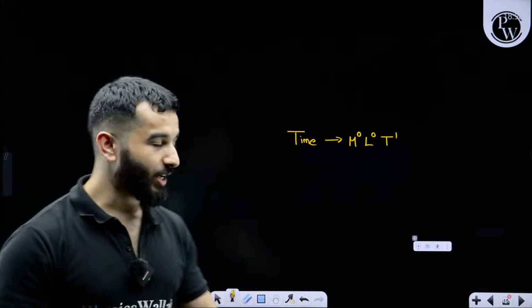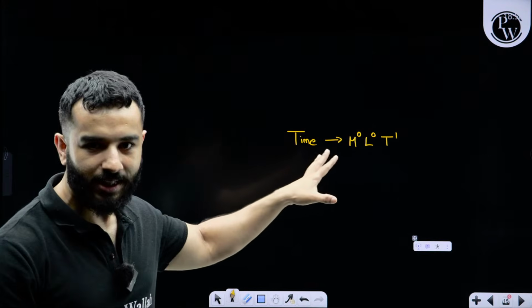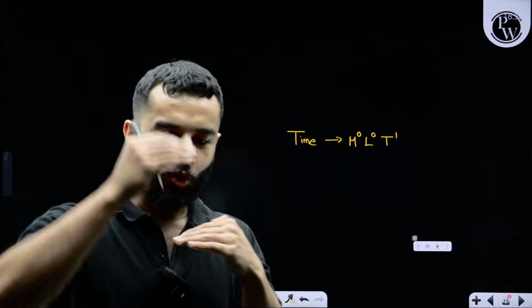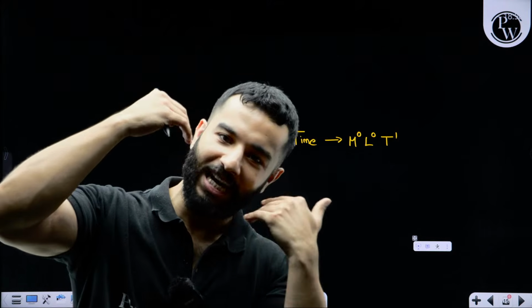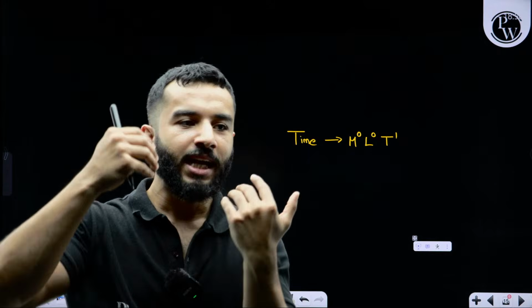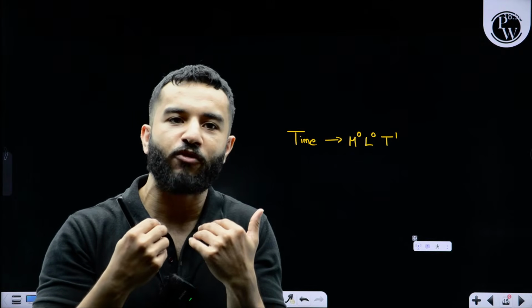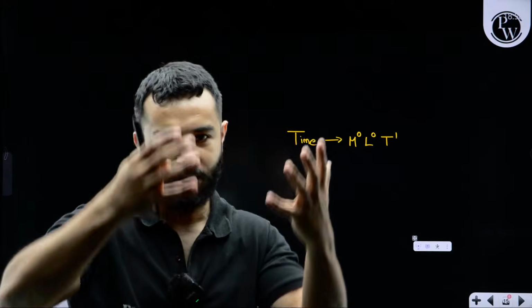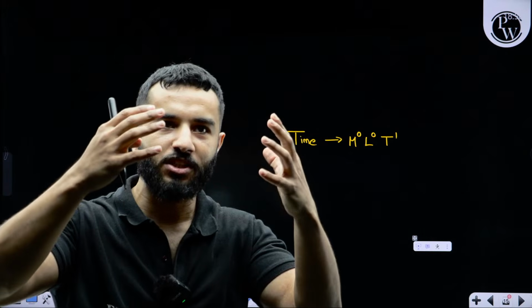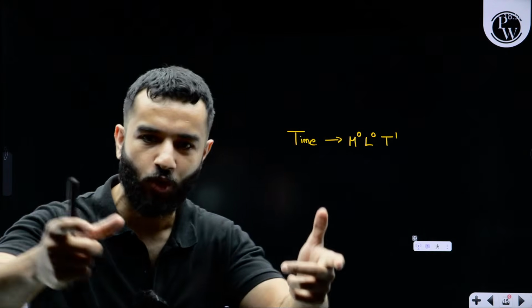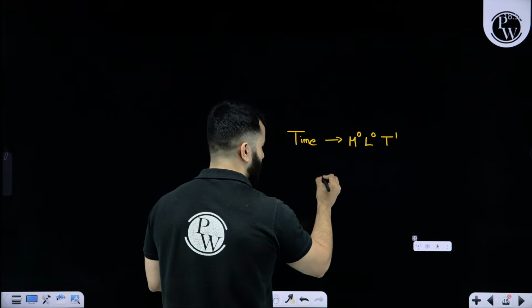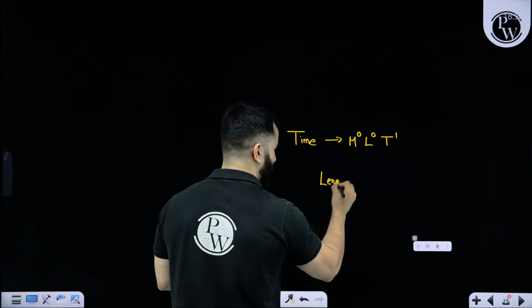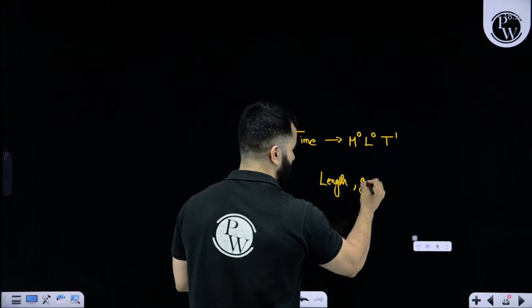Now I am saying, if you are representing time like this, you are actually choosing those 7 fundamental quantities. You are going to say, sir, there are only 7 fundamental quantities. So let's say we have got an imaginary system, and in that imaginary system I have changed the fundamental quantities to length, which is again one of the fundamental quantities, and gravity.